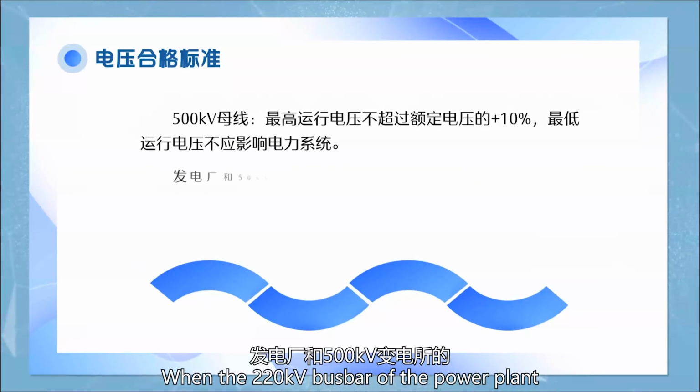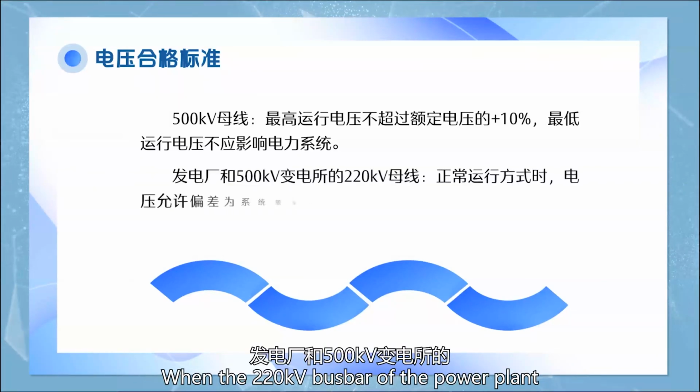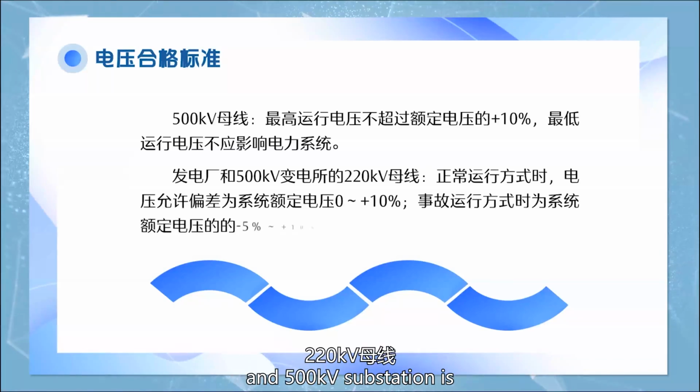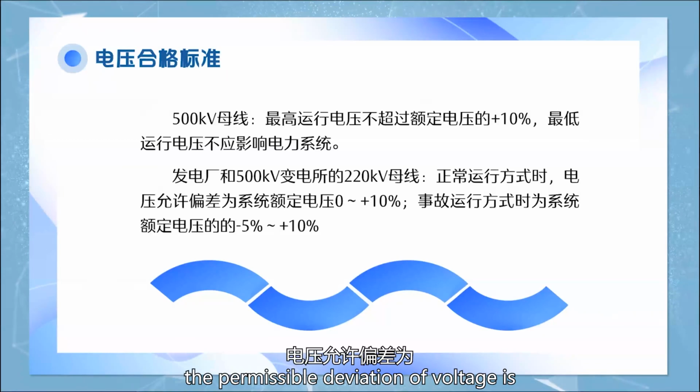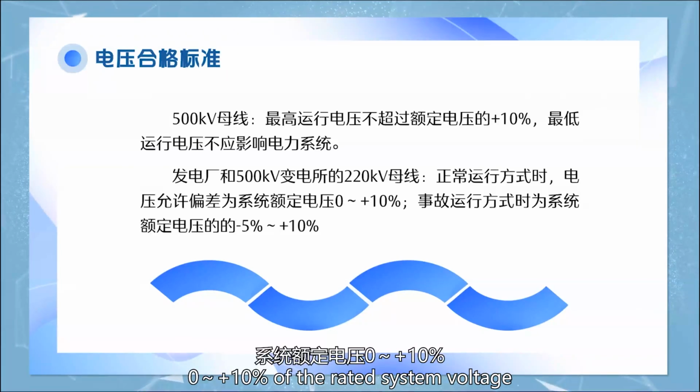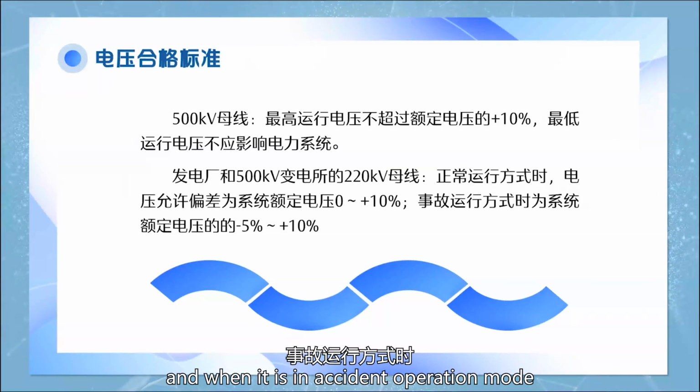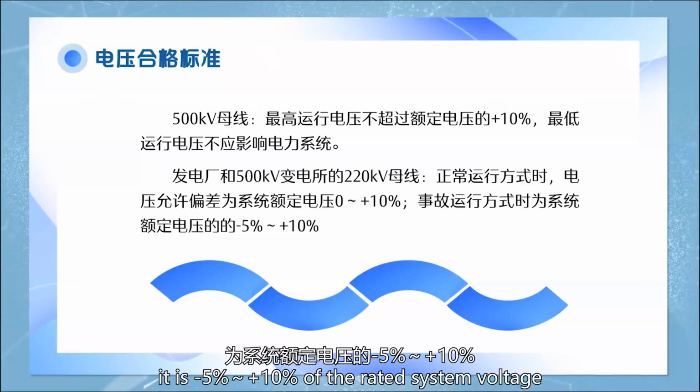When the 220 kV busbar of the power plant and 500 kV substation is in normal operation mode, the permissible deviation of voltage is 0 to plus 10% of the rated system voltage, and when it is in accident operation mode, it is minus 5% to plus 10% of the rated system voltage.